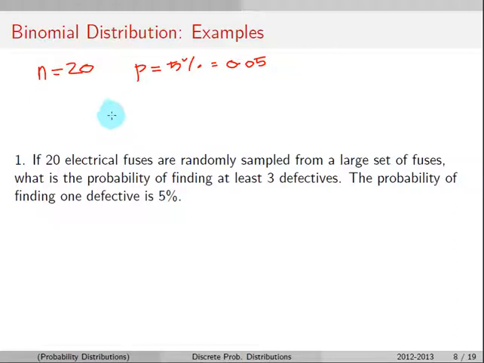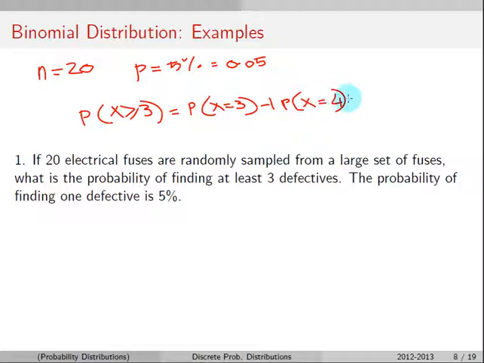They want you to find the probability that x is greater than or equal to 3, which means technically I have to find the probability that x equals 3 plus the probability that x equals 4 plus the probability that x equals 5 plus etc., all the way up to the probability that x equals 20, because even finding 20 defectives also satisfies this condition.